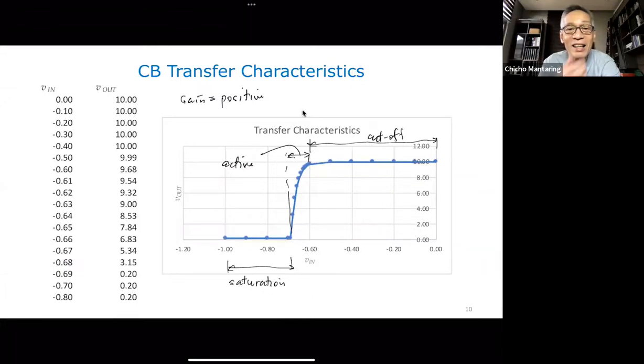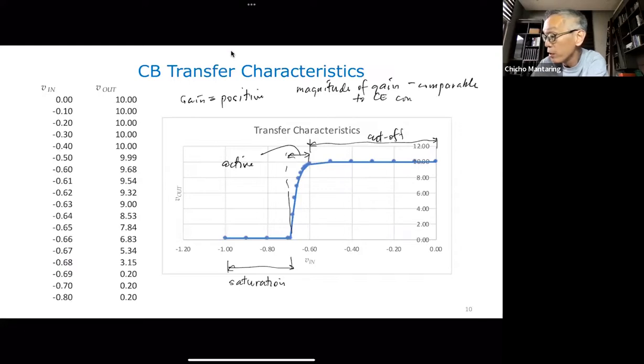That's right, no? They look about the same. The gain looks about the same. They have the same gain. So the magnitude of the gain is comparable to the common emitter configuration.